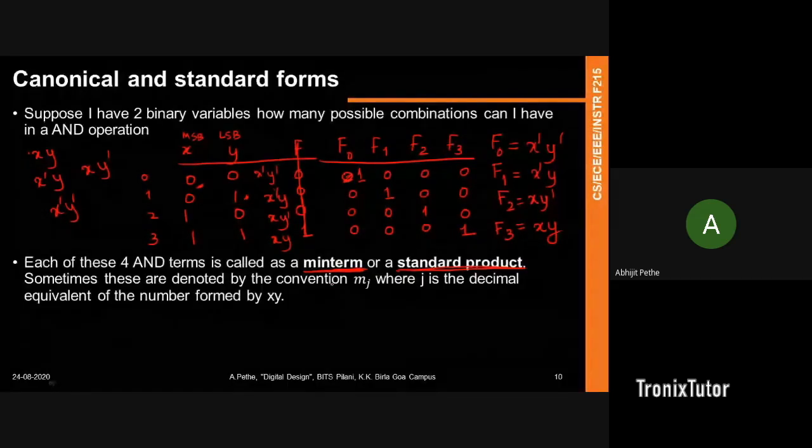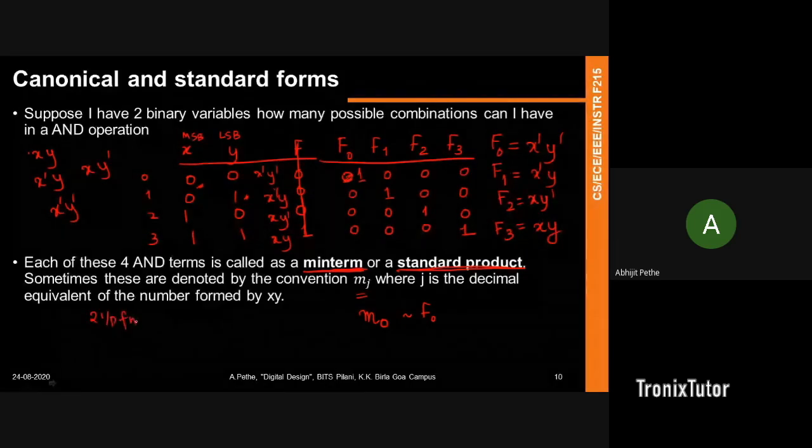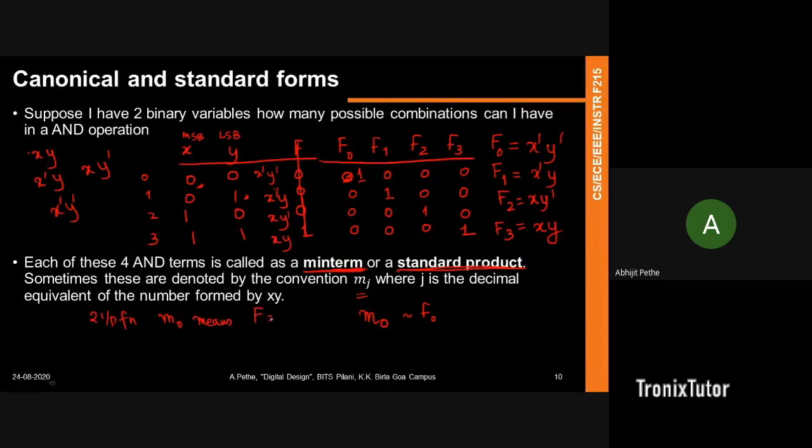And sometimes the convention generally uses small m and a subscript, right? So for example, this m0 is nothing but f0 in our expression, right? So m0 means, suppose I'm talking about the two input function, if I say f is equal to m0, it means that f is 1 only when the input is 0, 0, right?